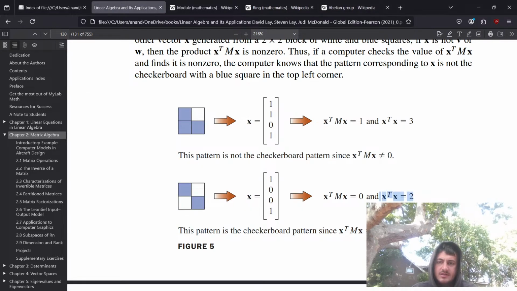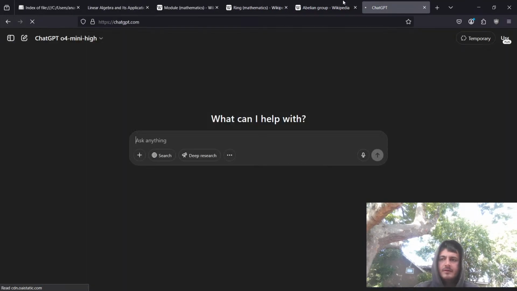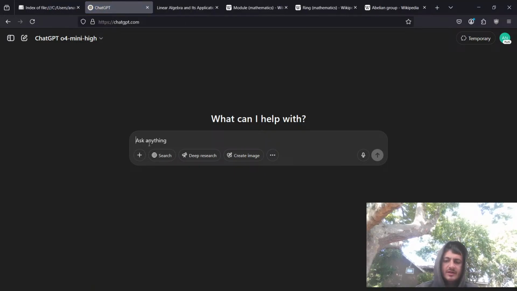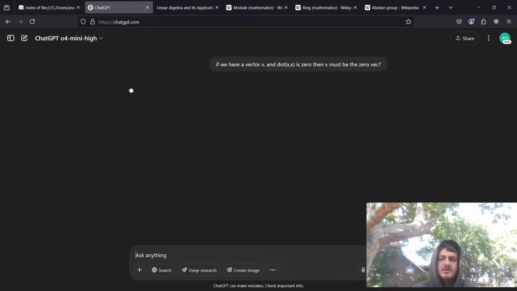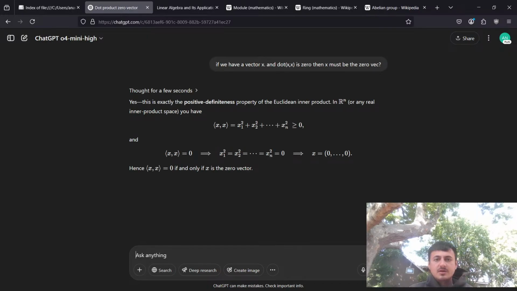So that means that, yeah, presumably, I'm pretty sure this is pretty basic, but if we have a vector x and dot xx is 0, then x must be the 0 vector. I'm almost positive that's true, because otherwise you would have like a 1 times 1.